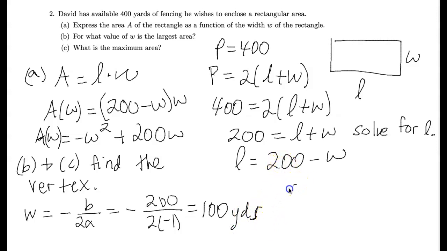Alright, for part C, what is the maximum area? Here we want to find what's the area if the width is 100. If the width is 100, you can use a whole bunch of tools to find the length. You can go 200 minus 100 to get the length, or you can just plug in your width of 100 here and find the area.